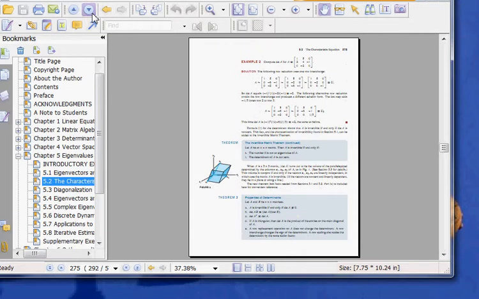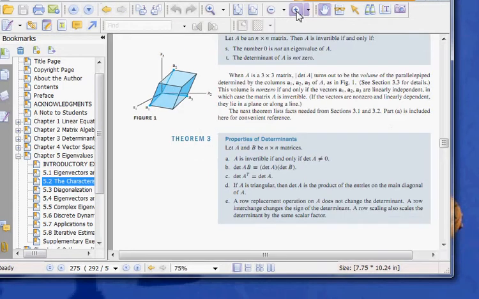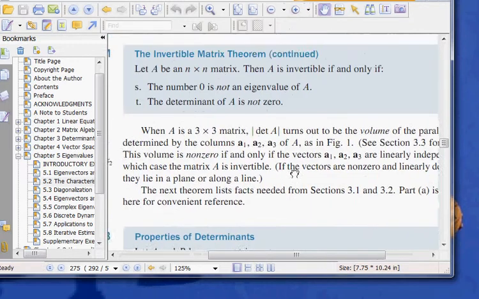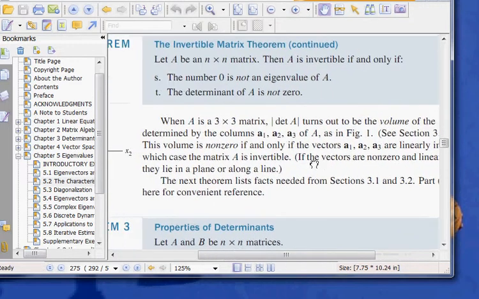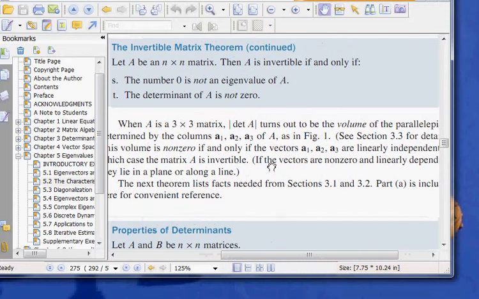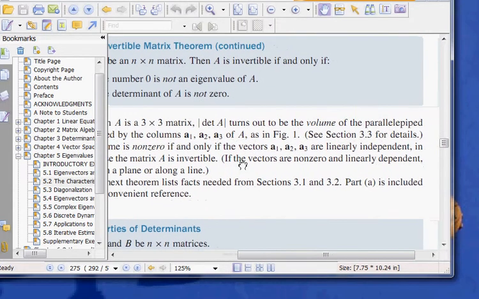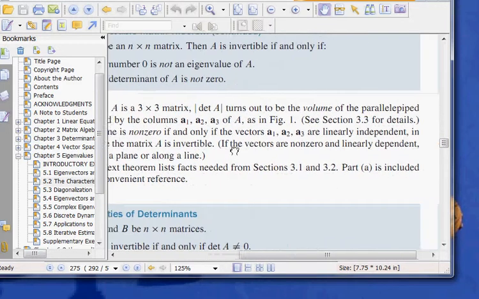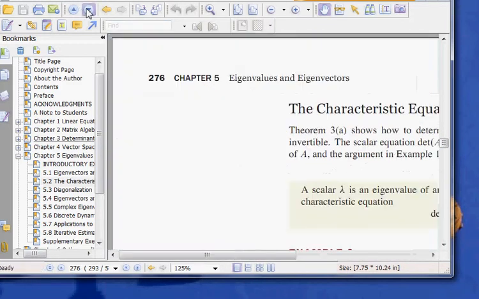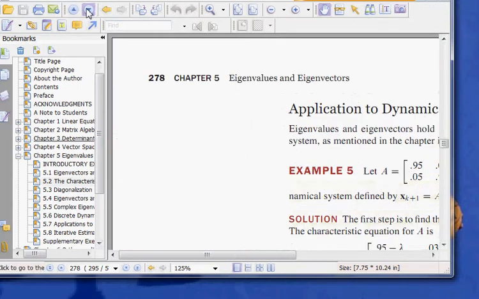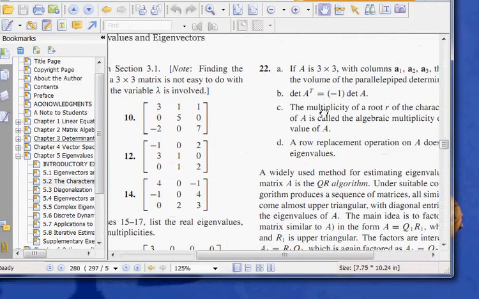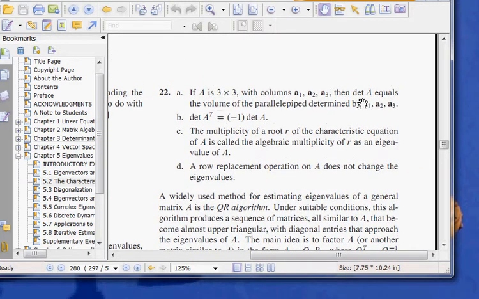Right here: when A is a 3 by 3 matrix, the absolute value of the determinant of A turns out to be the volume of the parallelepiped determined by the columns A1, A2, A3, okay? So now, let's go back to the multiple choice. They left the absolute value sign out of here, so this is false.